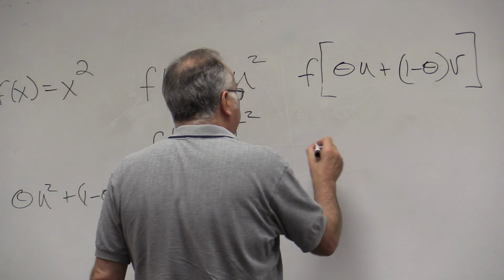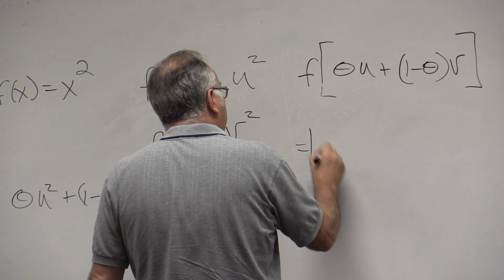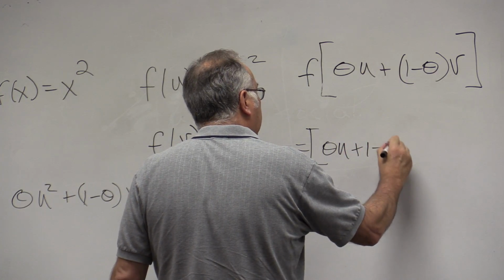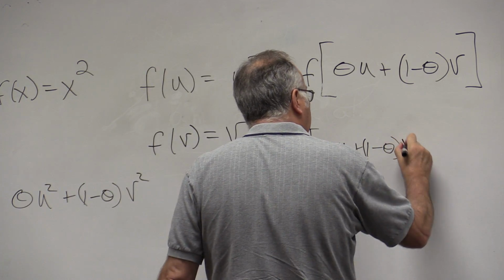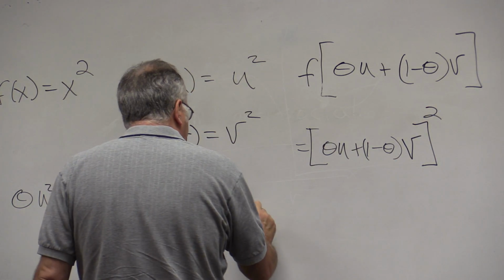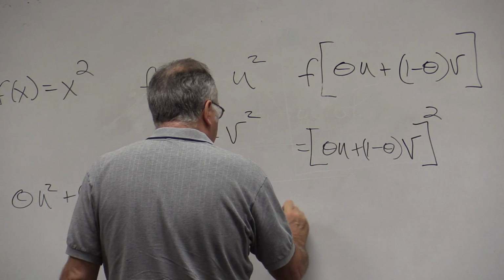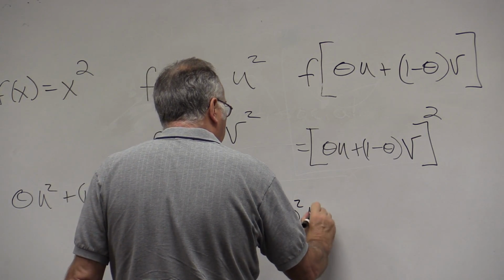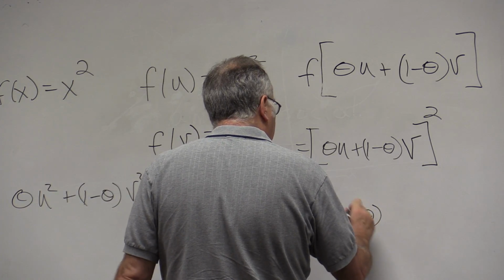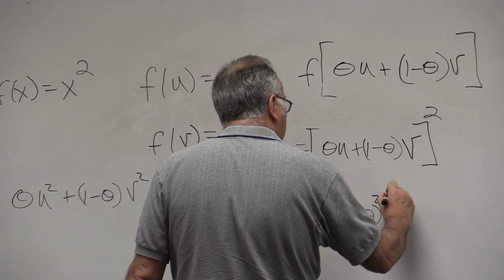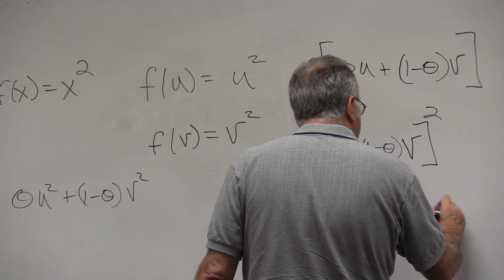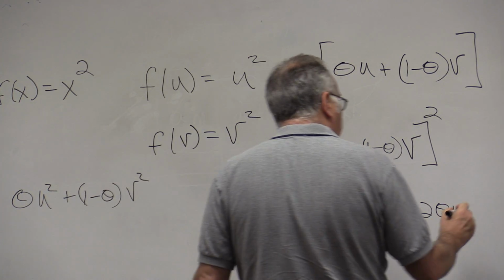So this will be equal to theta u plus 1 minus theta v, squared. And what will that be? Well, if you just square this, you'll get theta squared u squared, plus 1 minus theta squared v squared, plus 2 theta u times 1 minus theta v.